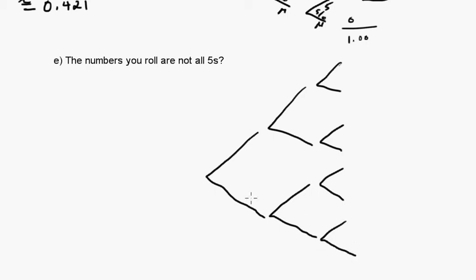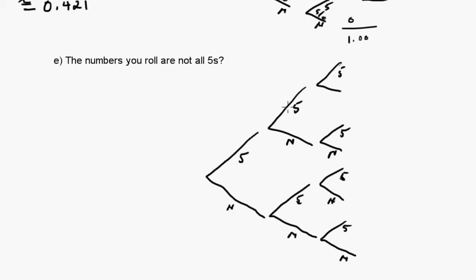So I'm going to get a 5, 5, and a 5, or not 5, not 5, not 5. The numbers you roll are not all 5s.